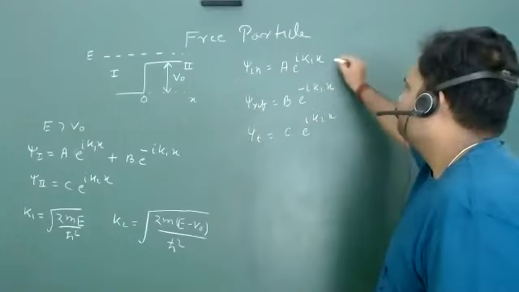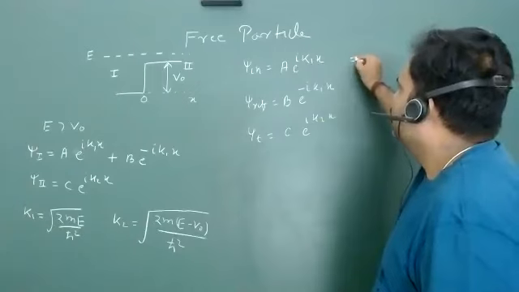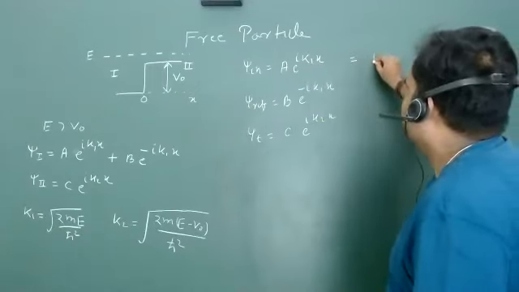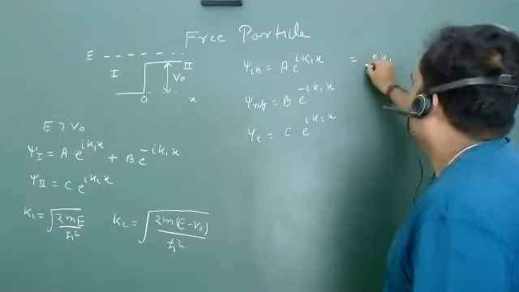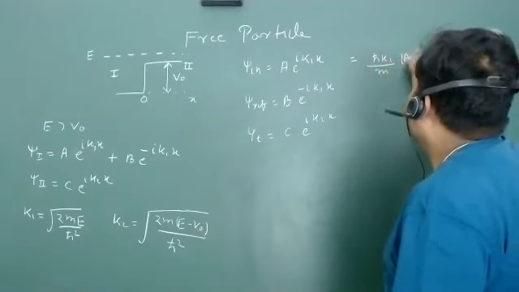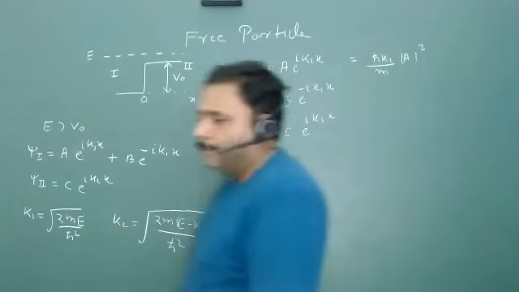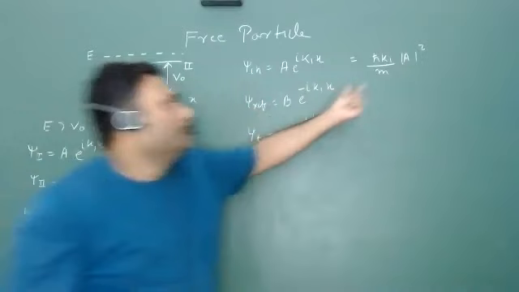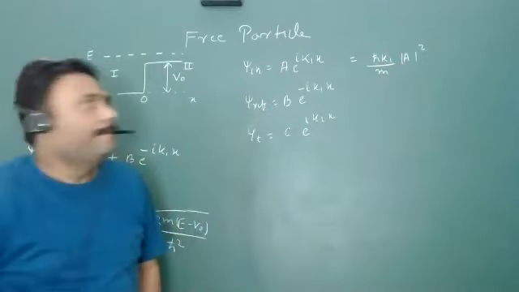Obviously, we can use the current formula, and directly write that the current associated with psi 1 is equal to h cut k1 upon m mod A square. Remember, this is what we did in the last class, how we get the current density. This is momentum into amplitude square, or probability density.